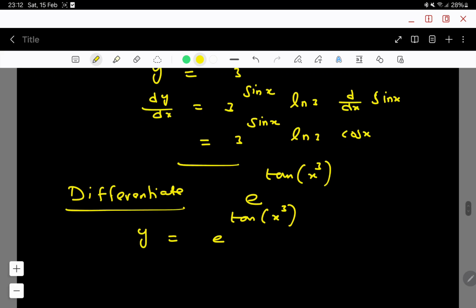So e is the base for a natural logarithm and also exponential functions. So in ln e, what is the base? E is the base. Similarly, e power x, what is the base? E is the base. So e is the base for both logarithmic and also exponential functions.